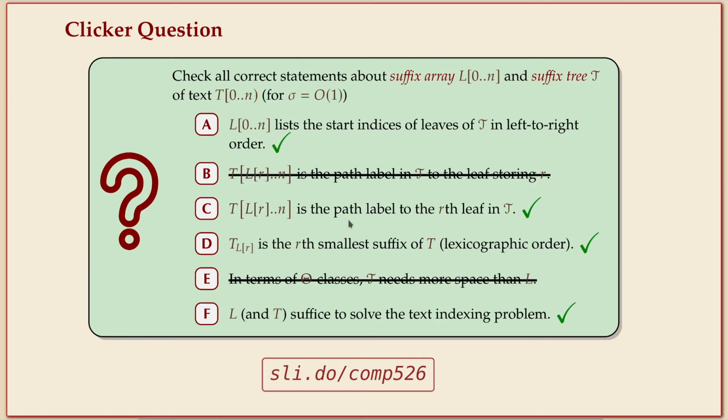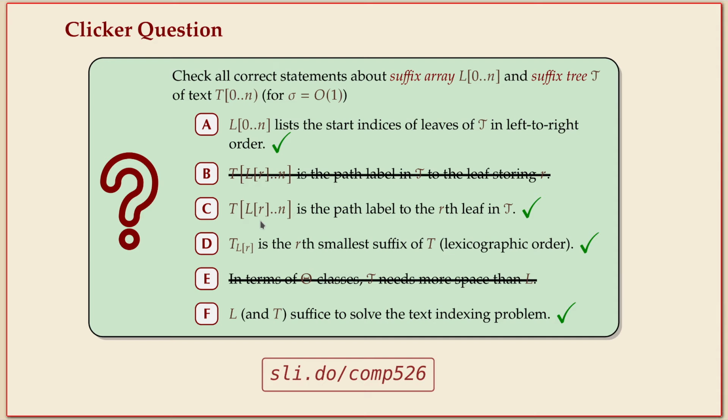This is essentially the same as this, just with the last part changed. So let me say the correct thing and not repeat the wrong one. If you want to go to the rth leaf in T, the rth from the left, so 0th, first, second, and so on, then you will see the suffix starting at position L of R in the path from the root to this leaf.